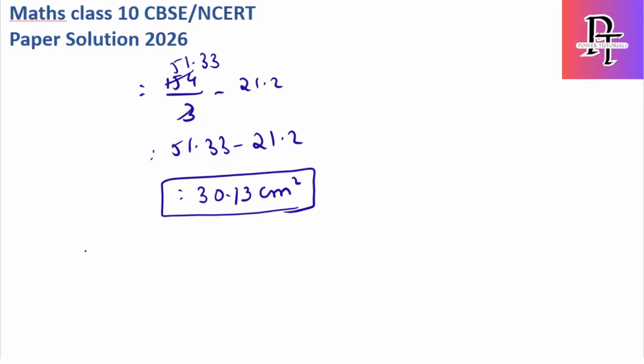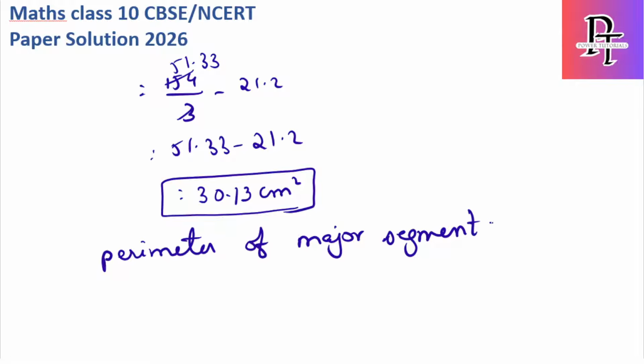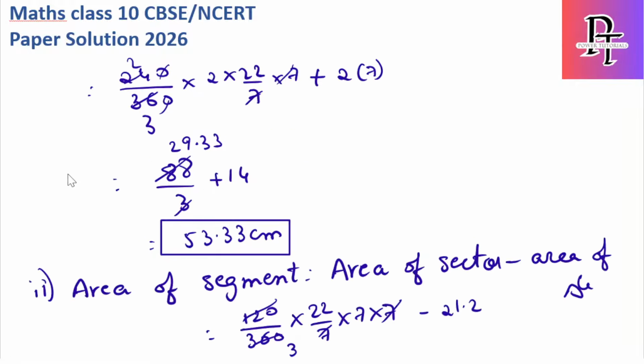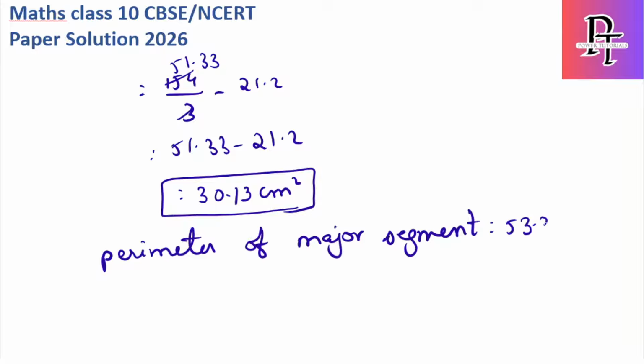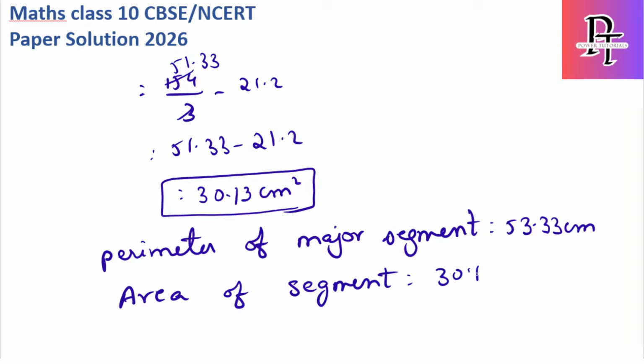Okay, I'll write it at the bottom. First step is perimeter. Perimeter of the major segment is 53.33 centimeters, and the area of, it's not segment, first one is sector. So this is the segment. We got it as 30.13 centimeters square. I'll change it to sector.